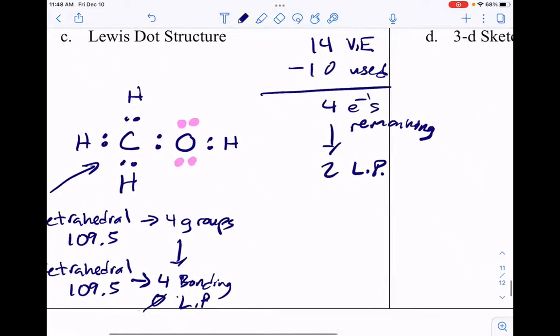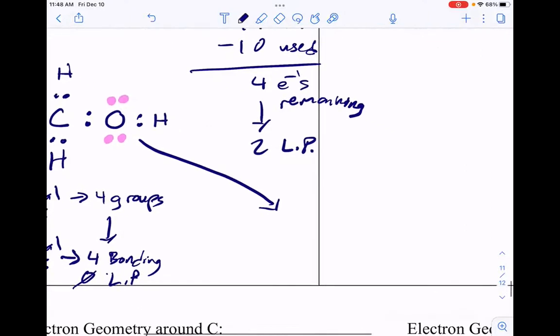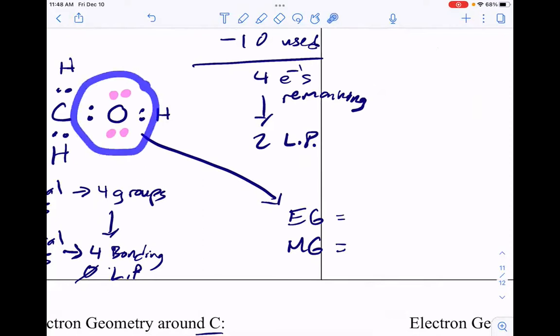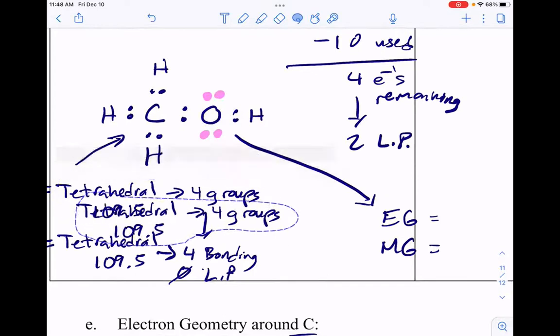Now for oxygen, since oxygen is a central atom, we can also define its electron geometry and molecular geometry. What is the electron geometry for oxygen? Tetrahedral. Same idea, we have 4 groups, 1, 2, 3, 4. So I'm just going to copy this.